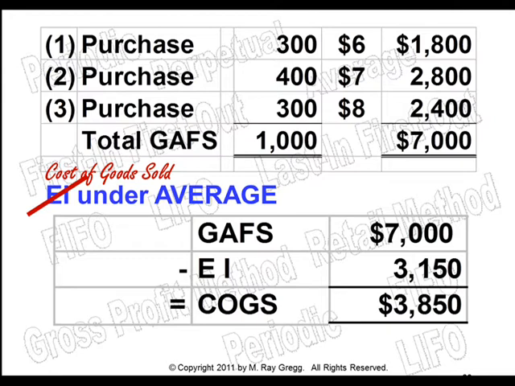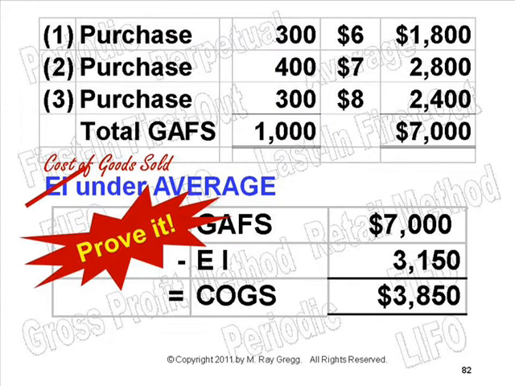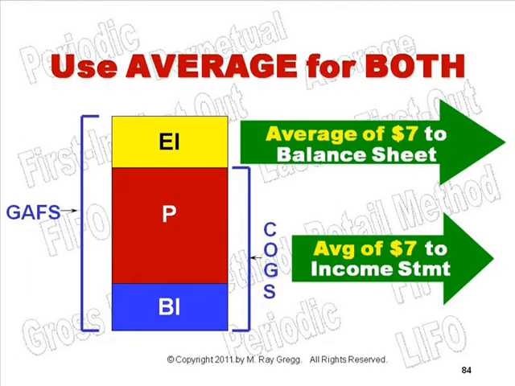But the instructions are to find it and prove it. And we've talked about the average price being both balance sheet and income statement valuation. On the income statement, cost of goods sold should be at the average price, $7 each. In two previous situations, we've determined there were 550 units sold, 1,000 available, 450 not sold, 550 sold.